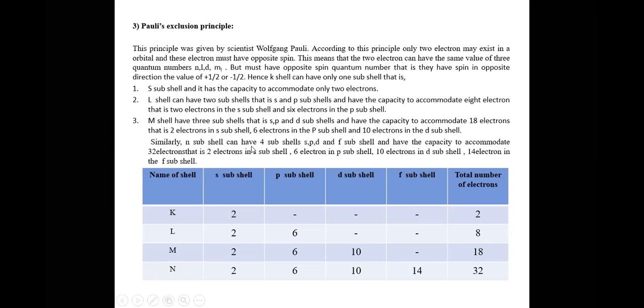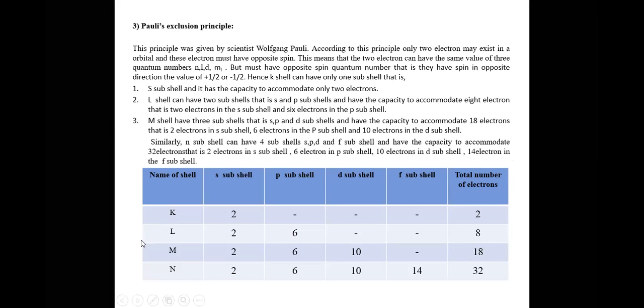Similarly, N shell can have 4 subshells, that is S, P, D and F subshells, and has the capacity to accommodate 32 electrons, that is 2 electrons in the S subshell, 6 electrons in the P subshell, 10 electrons in the D subshell, 14 electrons in the F subshell.